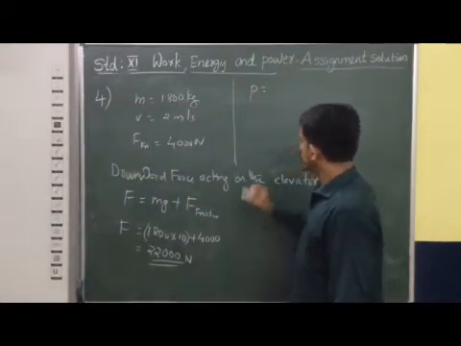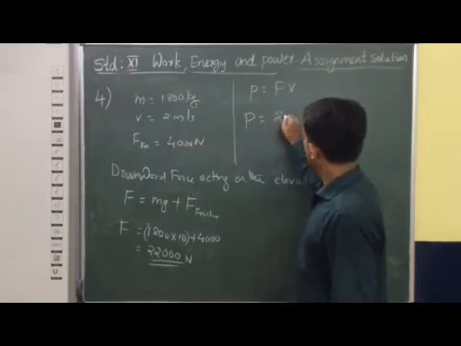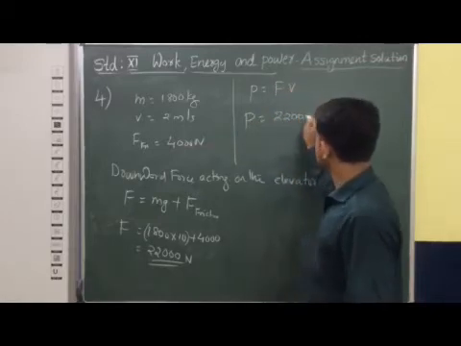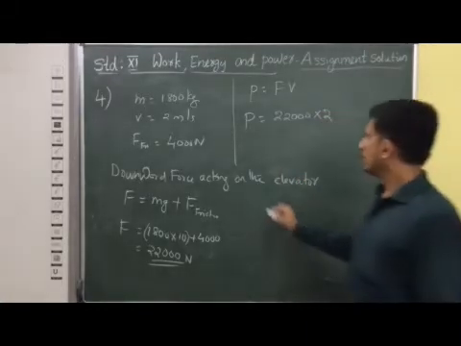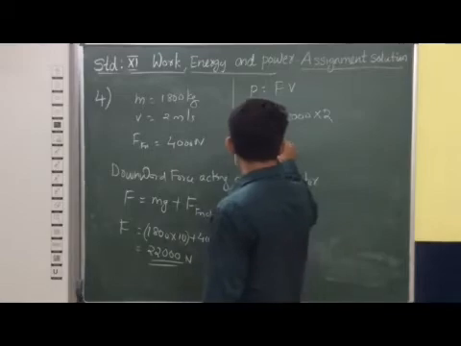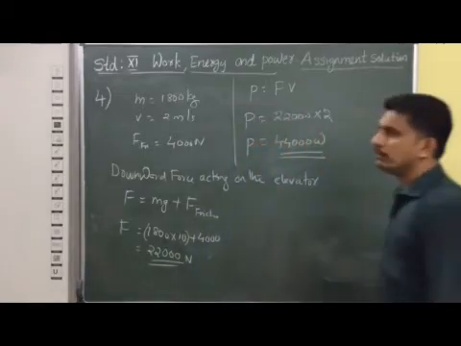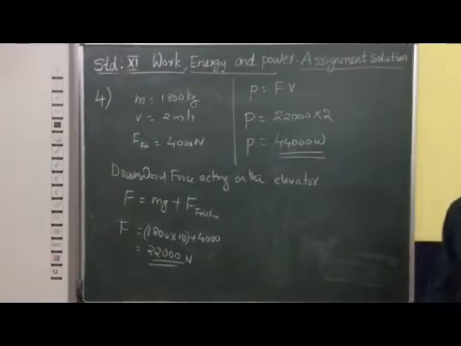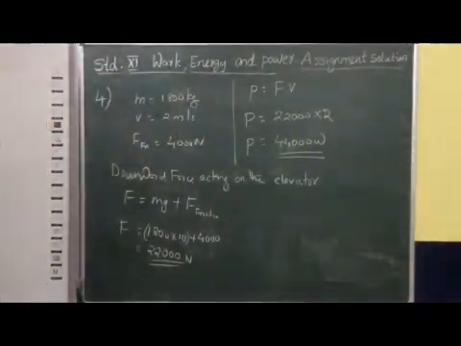Power is equal to force into velocity, so power is 22,000 into 2 meters per second. So you are getting the power as 44,000 watt. This is the power delivered by the motor when the elevator is moving in the upward direction.